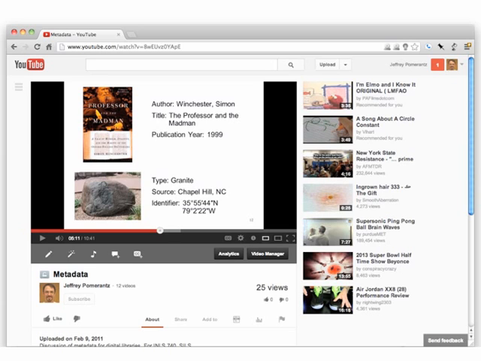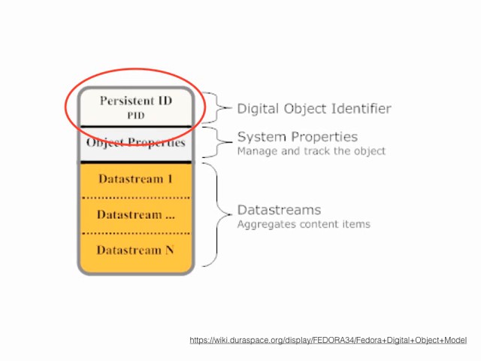It's one object made up of lots of other objects of lots of different types. Now, Fedora is designed with complex objects in mind. It's designed to make it comparatively easy to create complex objects. Comparatively easy compared to, say, Omeka, where it would be impossible because Omeka has this unitary approach to items.